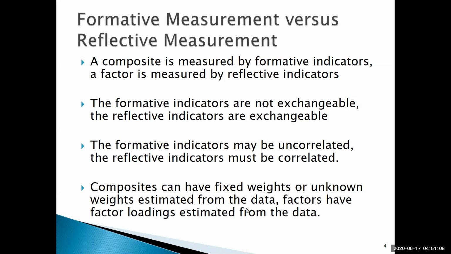Formative indicators are not exchangeable, reflective indicators are exchangeable. You can replace them. Formative indicators may be uncorrelated. Reflective indicators must be correlated because they are measuring the construct. And composites can have fixed weights, such as when averaging variables, you're giving them equal weights. Or you can get weights from the data. Factor loadings are always estimated from the data.